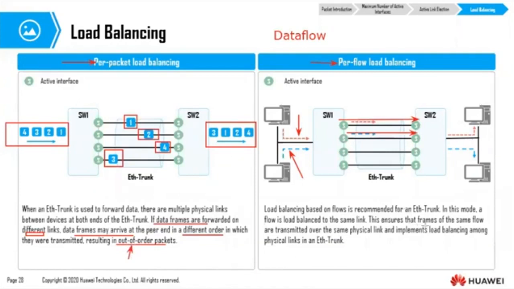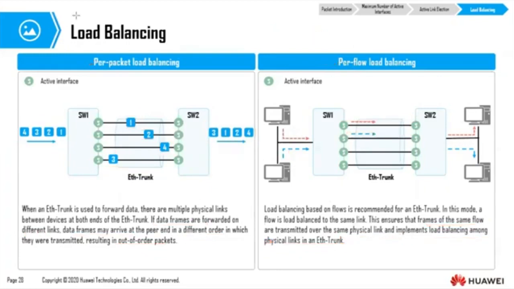So this ensures that frames of the same flow are transmitted over the same physical link and implements load balancing among the physical links in the Ethernet trunk. So those are the two ways in which we can forward packets on the physical links: per packet load balancing and per flow load balancing.